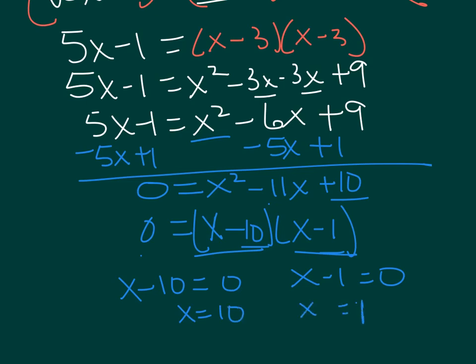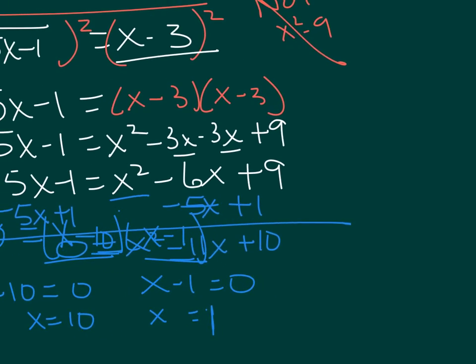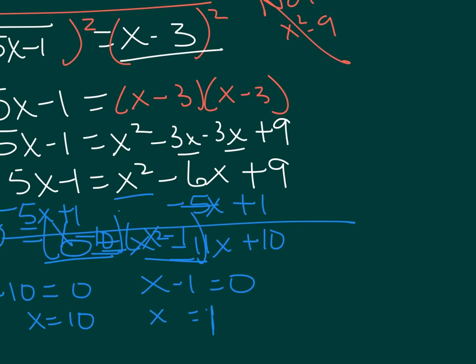Particularly when you get two answers, you're really going to want to check those for extraneous solutions. So my original equation was the square root of 5x minus 1 plus 3 equals x.